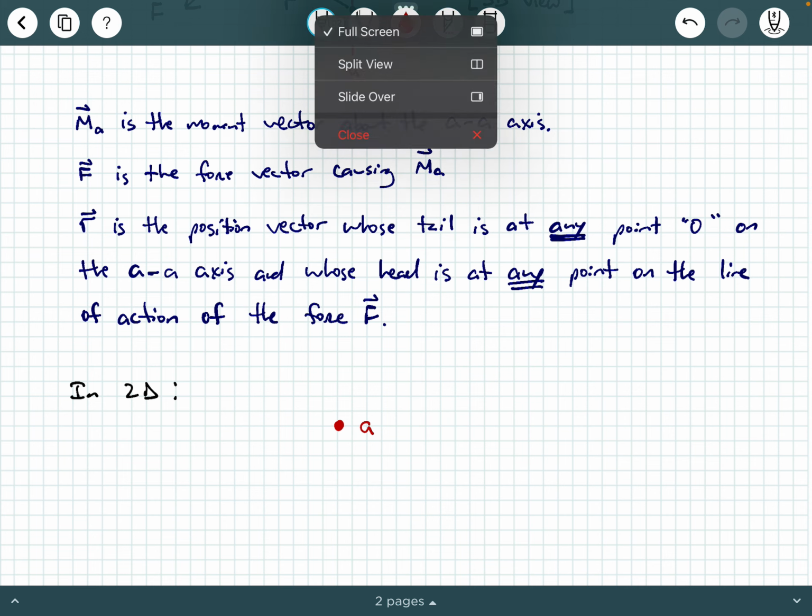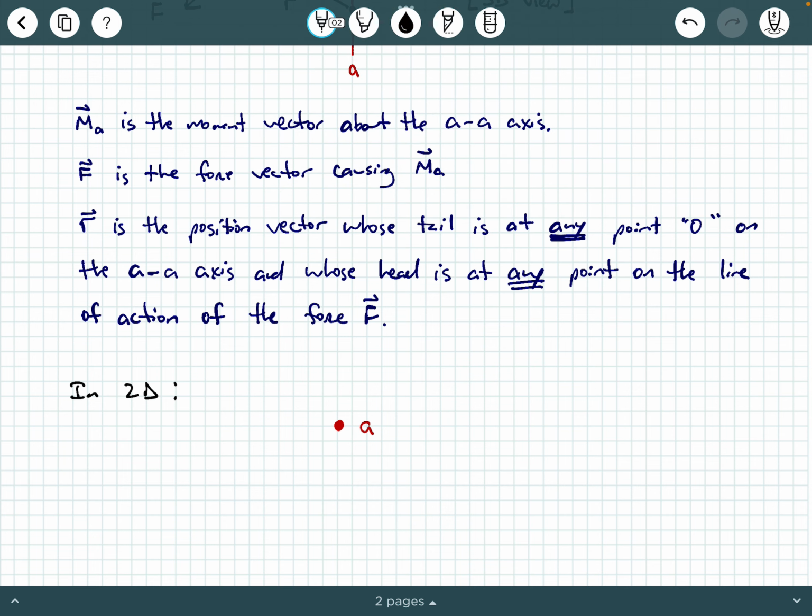And I would see maybe this force vector like this, F, and then of course some kind of position vector like this, r, okay? And then of course, the moment that's generated about this is going to be M sub A.